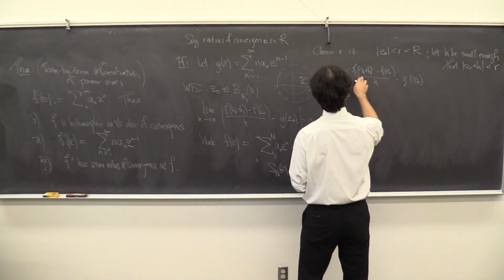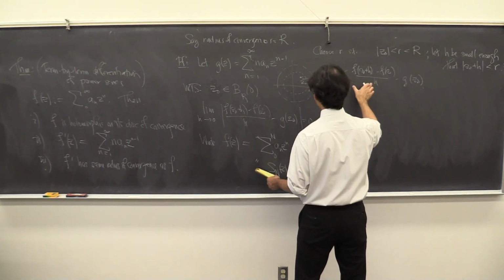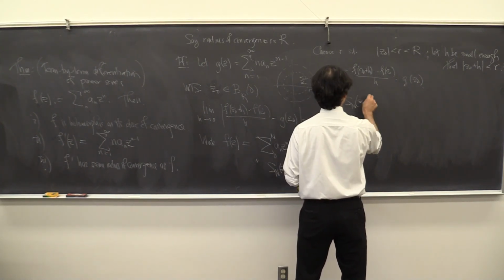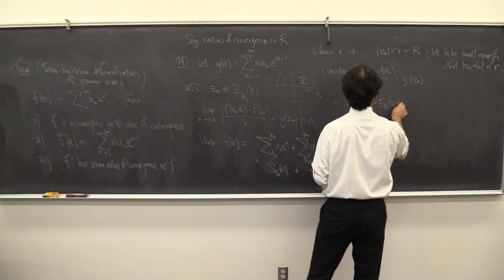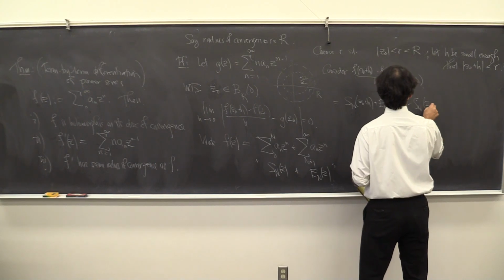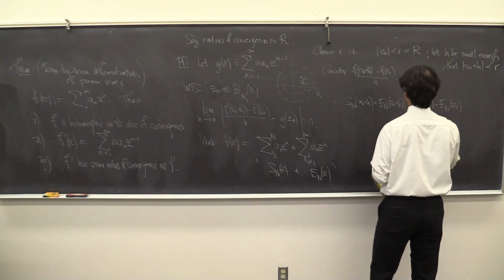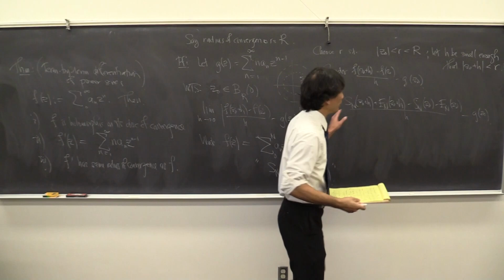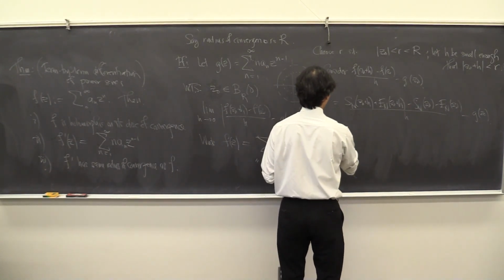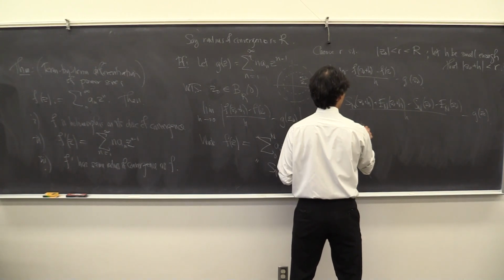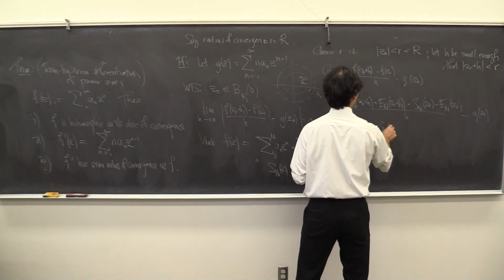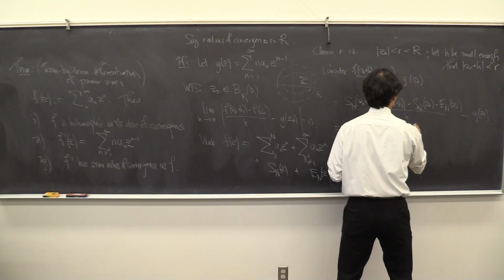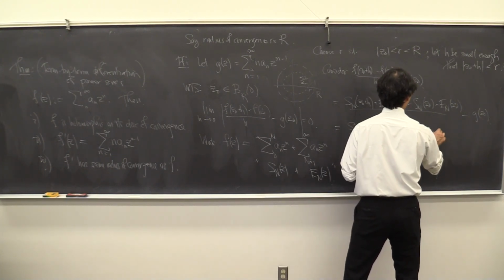This is S n of z0 plus h plus E n of z0 plus h, minus S n of z0, minus E n of z0, everything over h, minus g of z0. Then we group terms: the S n's together, S n of z0 plus h minus S n of z0 over h, where we subtract off S n prime at z0 and add it right back on.